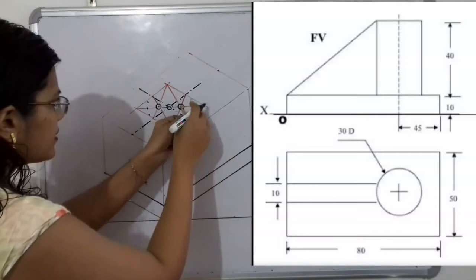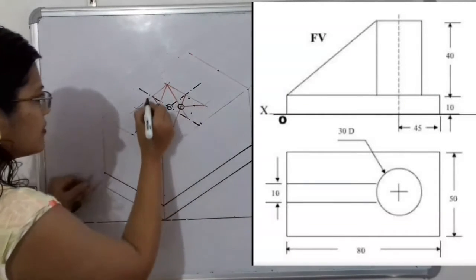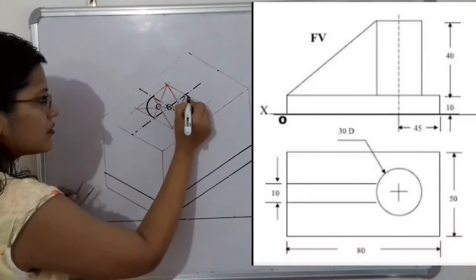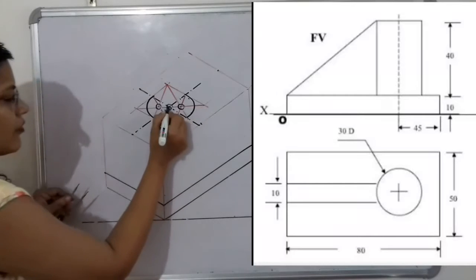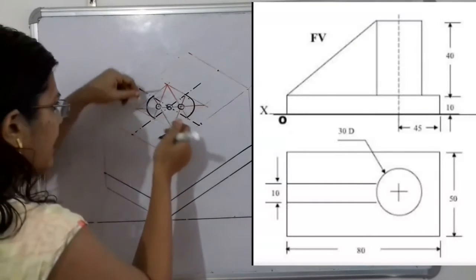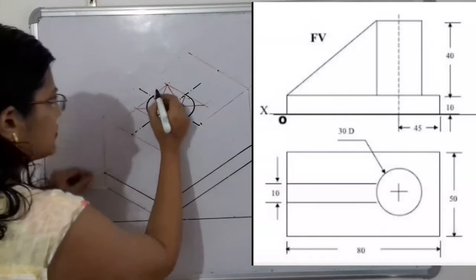Now we will select here and we will complete this. Now again for this center we will take the distance equal to this r, and again we have to complete this.